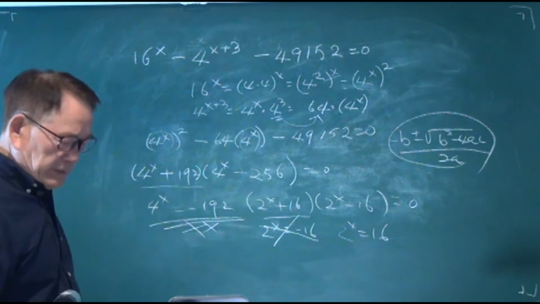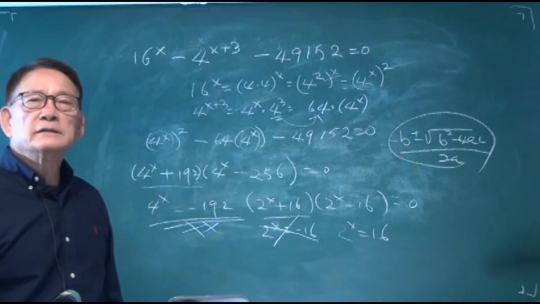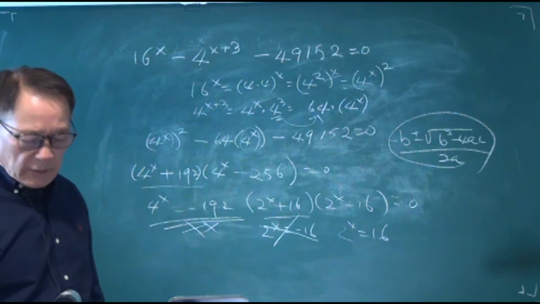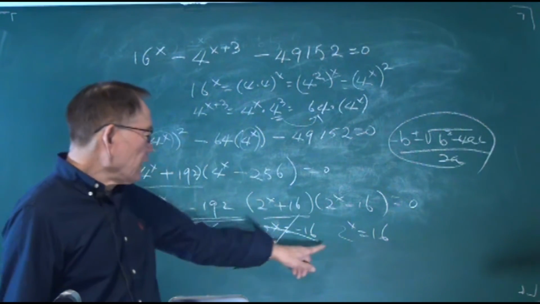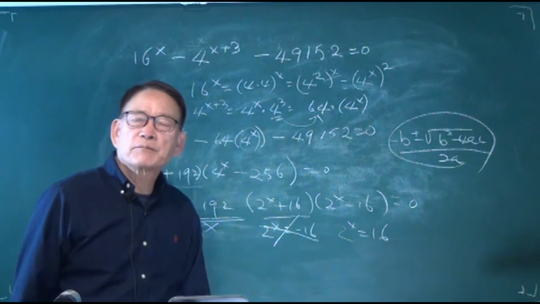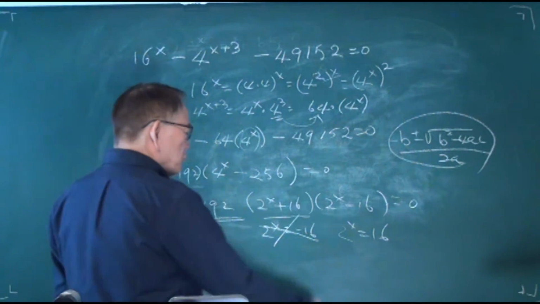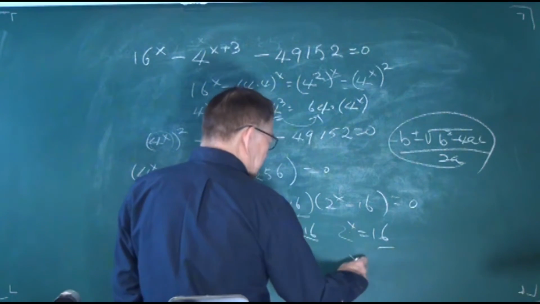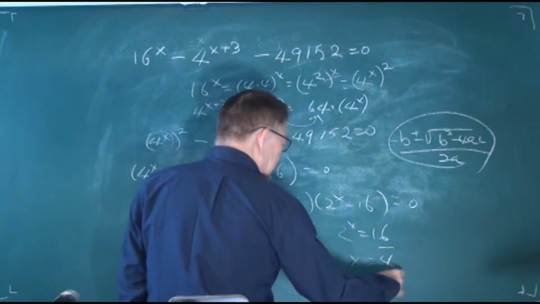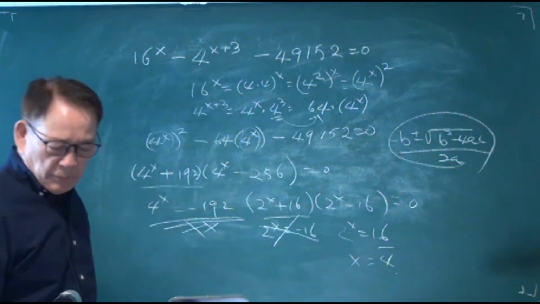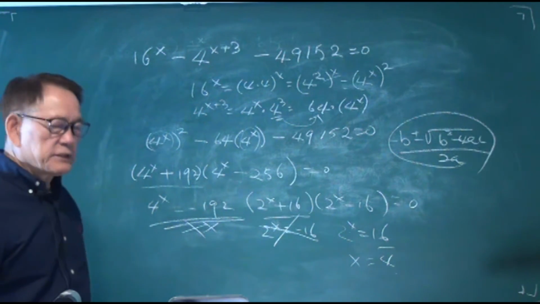This one is not algebra 1 level, so I don't think I need to show every detailed step. You may not have any trouble. So 2 to the what power is 16? 2 to the fourth power is 16.